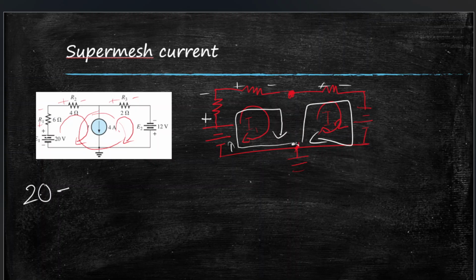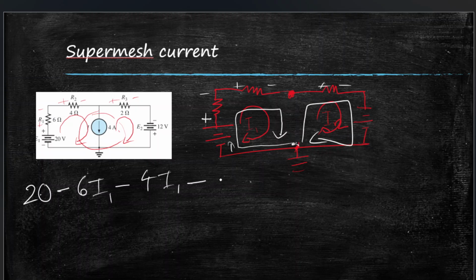I'll write 6I1. Then R2 is again under loop current 1, so minus 4I1. Then we go to the first resistor for loop current 2, which is 2 ohm, this R3 here, and also current enters through plus, so I'll put minus again.